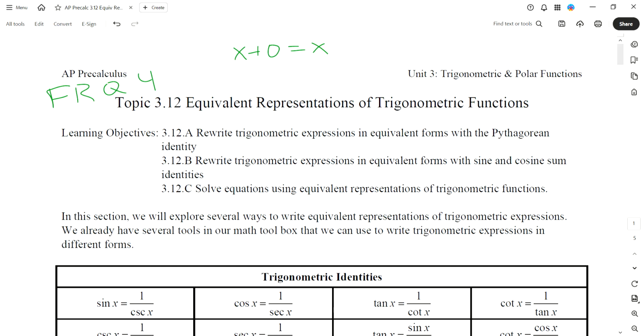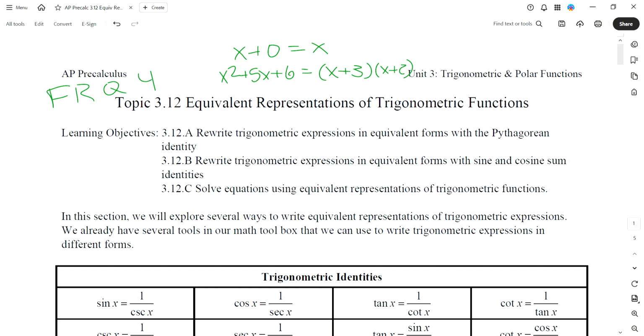The right side and the left side are equivalent to one another. Another example could be when we factor quadratics. The left side and the right side are equivalent. Those are some examples of what an identity is. When you do 1 over x times x equals 1, the reciprocal, that is an identity.